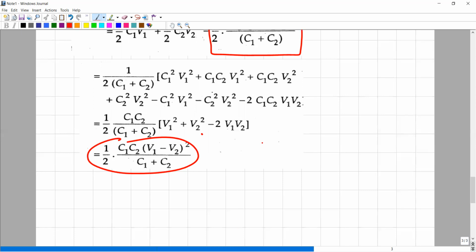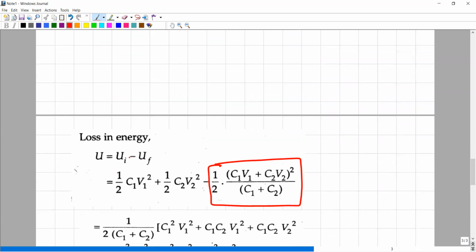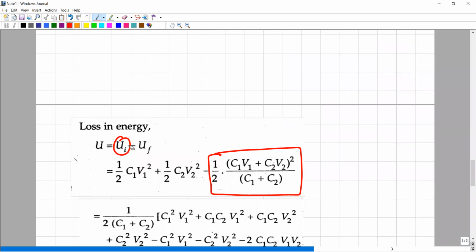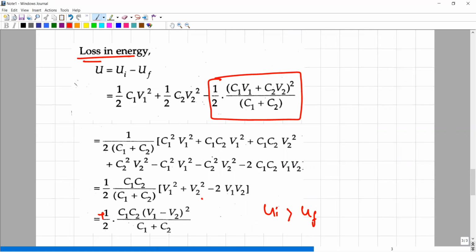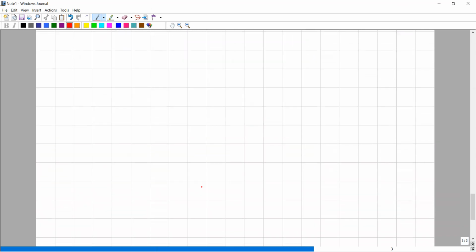Difference means that the initial energy will be more than the final energy. You see, this value is positive. That means the initial energy is more than the final energy. Now, why is the initial more than final? If initial is more than final, that means there has been some loss in the energy. And why is there a loss in the energy?